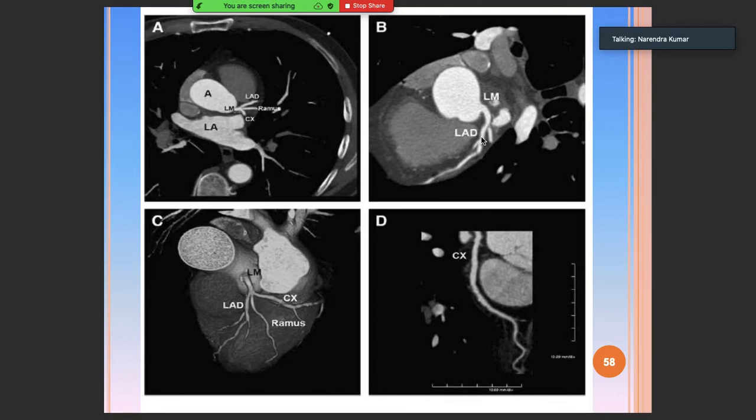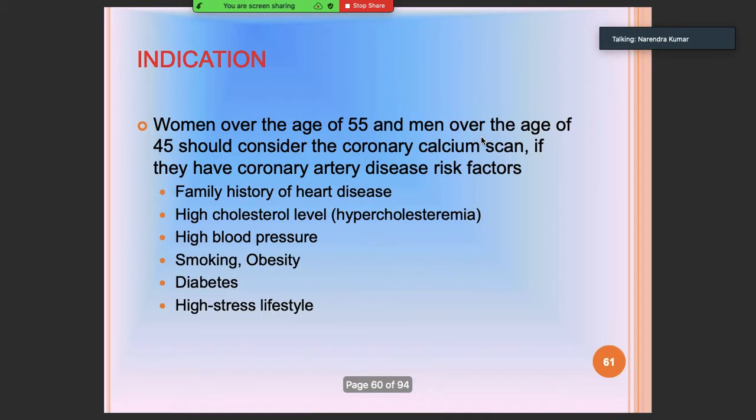The simple thing, as we have already said, is that it is a bit simpler in the sense that no special preparations are required. Heart rate should be in the ideal range, so one can give them a beta blocker or even ivabradine as well. You don't need to use any contrast, in fact, and 2.5 to 3 millimeters of slice thickness is going to be pretty good.